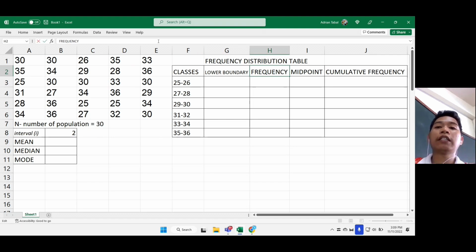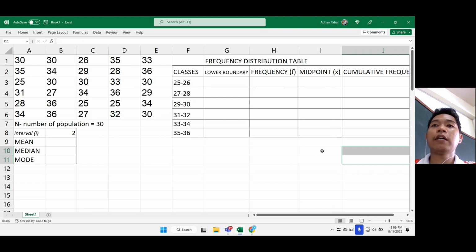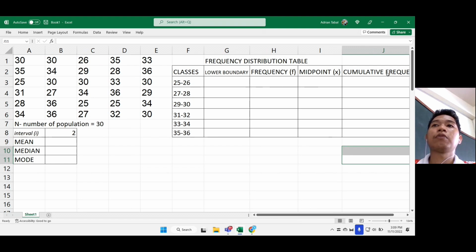Frequency stands for letter F. Midpoint stands for letter X. And the last one is the cumulative frequency. Later on, I will explain what that is.